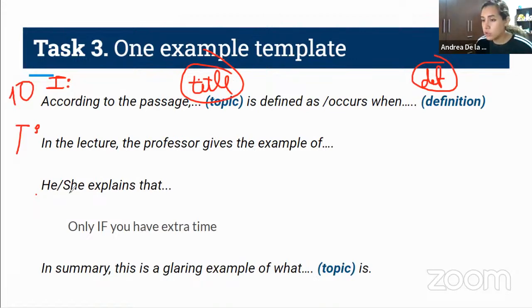You don't need a conclusion, but if you happen to have some extra time, you can go with a short conclusion and say something like, in summary, this is a glaring example of what behavior modification is, for example. Okay, guys? Is this okay? Do you guys have any questions now?